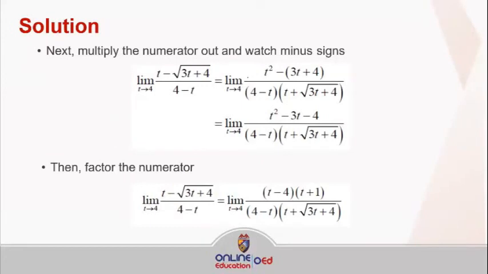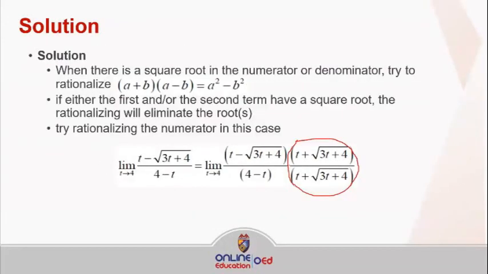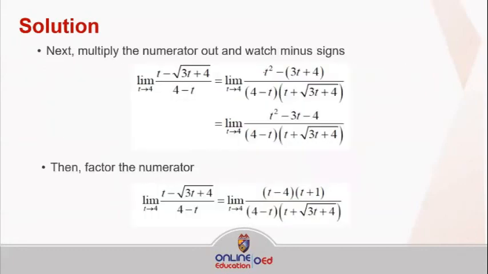Then kapag na-multiply na natin siya, since gagamitin natin itong formula na to, ang maiiwan na lang dito is itong value na to. We have the t squared minus ng 3t plus 4 over nung denominator natin na 4 minus t multiplied by t plus square root of 3t plus 4. And then after nun, pwede natin siyang i-factor out.